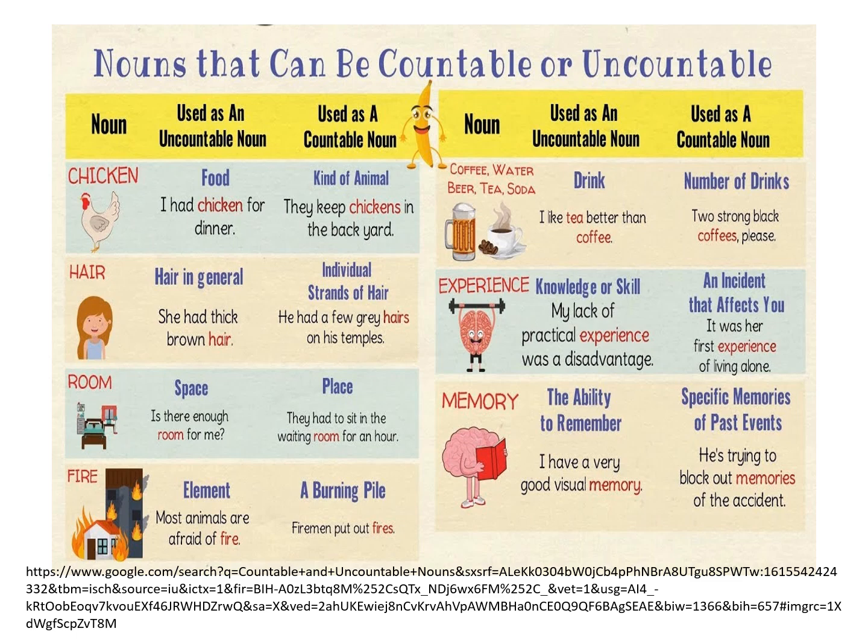Space, for example, if you talk about space in general: is there enough room for me? But a specific room: they have to sit in the waiting room. So with waiting room, we deal here with the word room as a countable noun, so we use the with it for an hour.